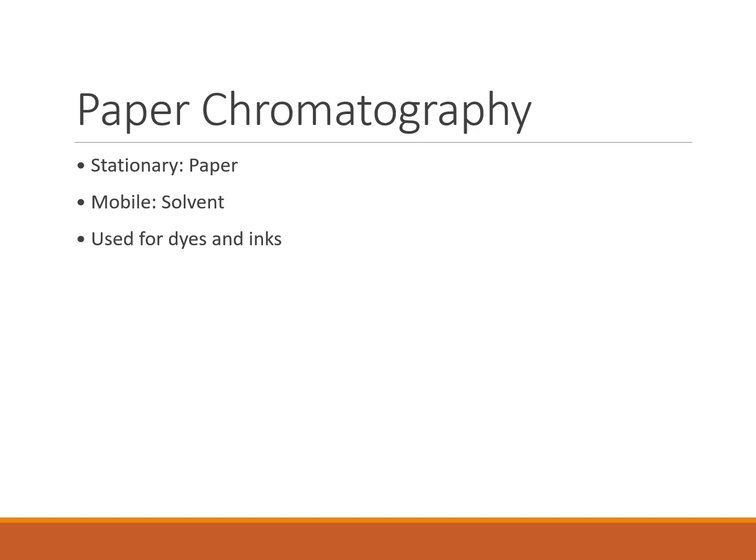First of all, we will discuss paper chromatography. Paper chromatography is a simple and low cost technique. Here paper is used as the stationary phase and the solvent acts as the mobile phase.